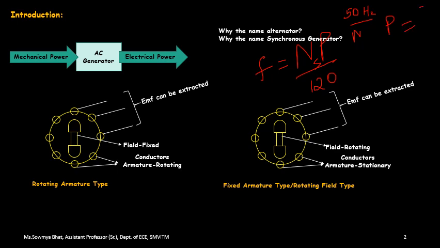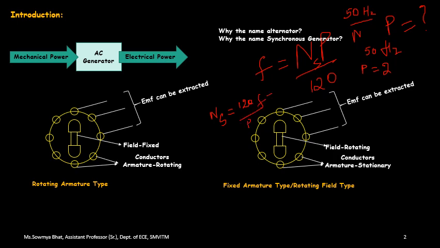Depending upon the number of poles, whether it is a 2-pole alternator or a 4-pole alternator. Suppose the required power supply frequency is 50 hertz and the number of poles is designed as 2. What will be the value of the speed? The synchronous speed will be 120 into f divided by p.